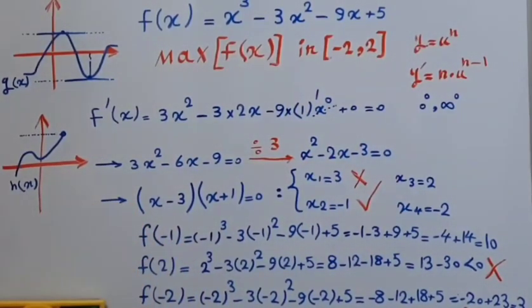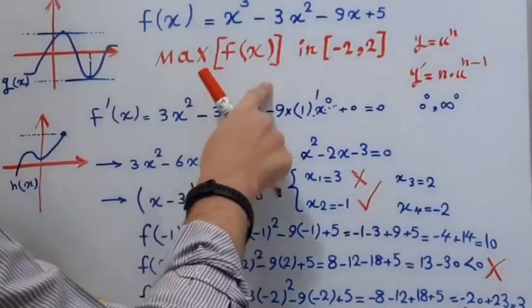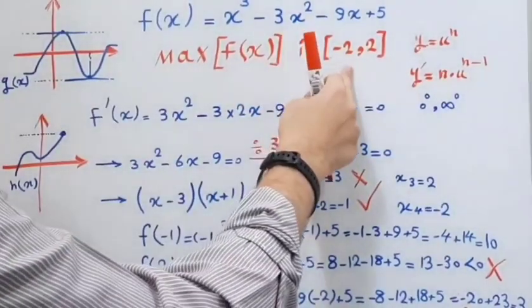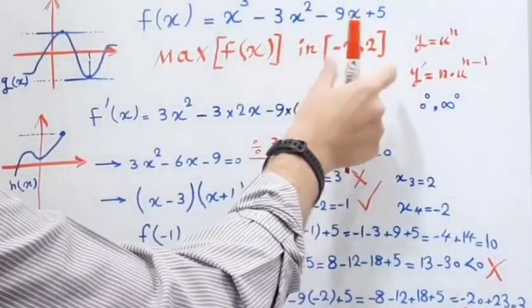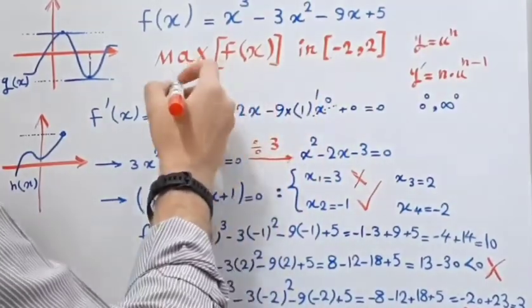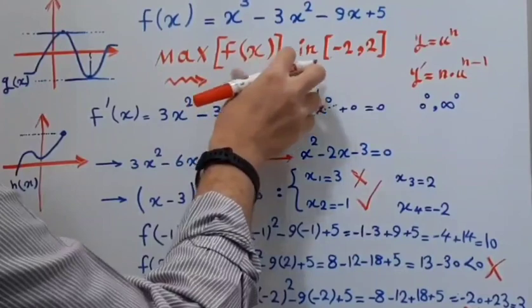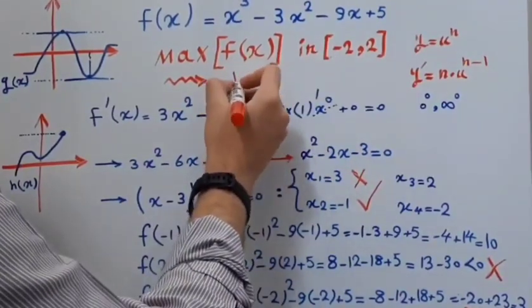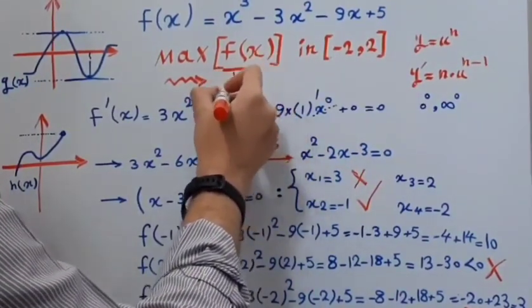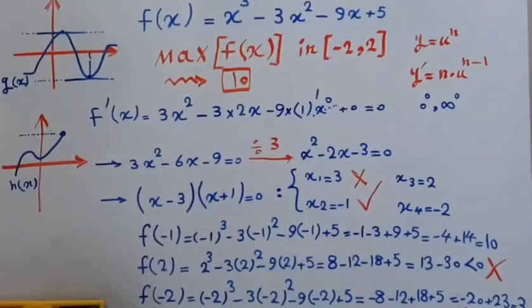So the maximum value of f of x in minus 2 and 2 brackets is going to be, no, why am I saying minus, is going to be 10. Yeah, and this was the question of today.